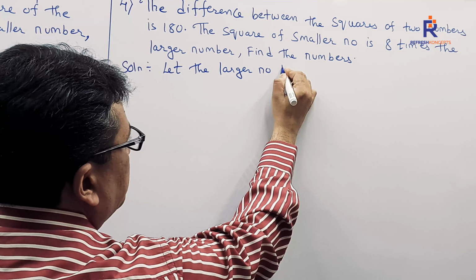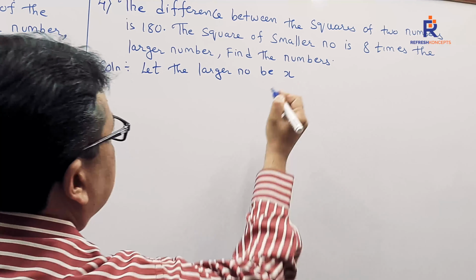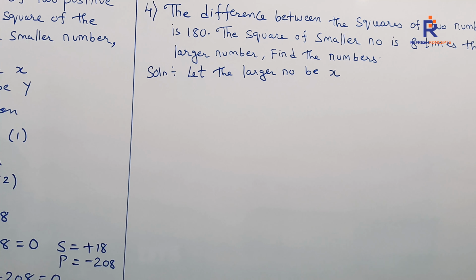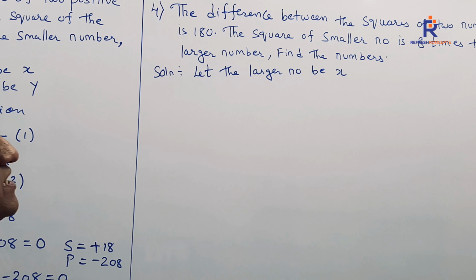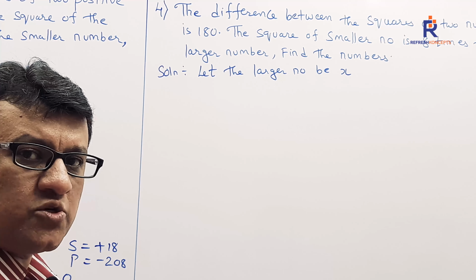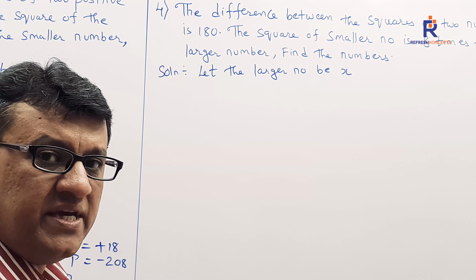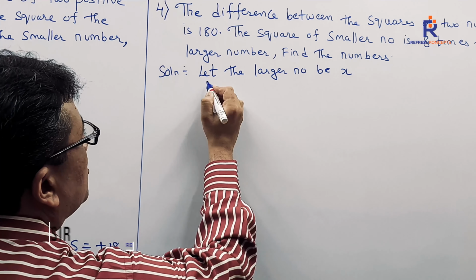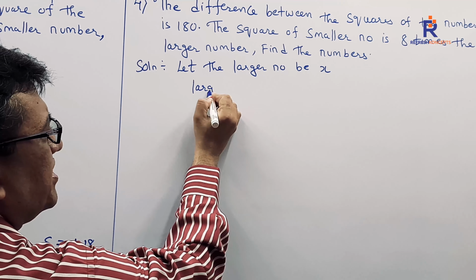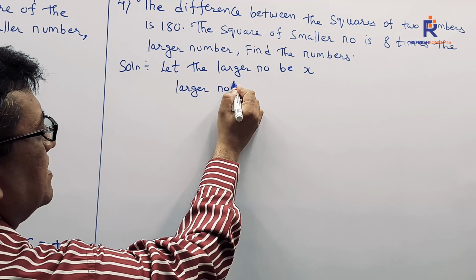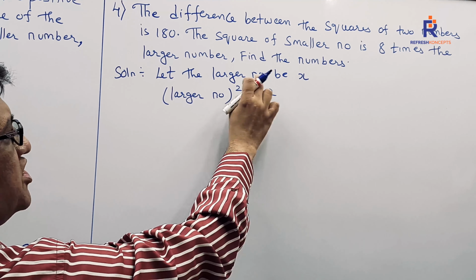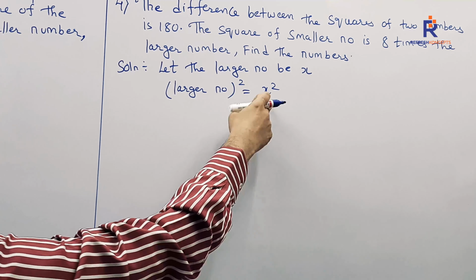Now read what the question says. The question says the difference between, over here it was the sum of, here it is the difference. The difference between the squares of two numbers is 180. When they use the word difference, naturally one has to be a bigger number, the other a smaller number. But unlike the previous case, we are not going to initialize as x and y. As I said, we'll make use of only one variable. The square of the smaller number is 8 times the larger number.